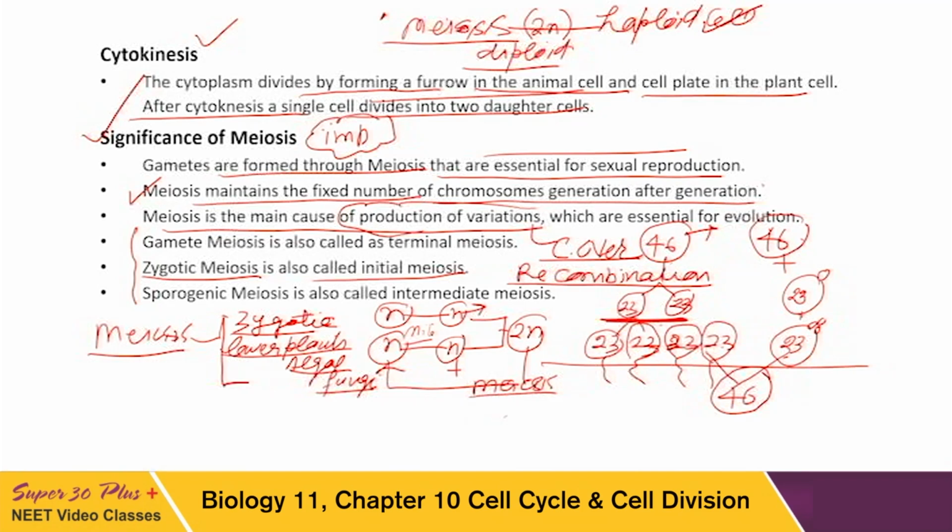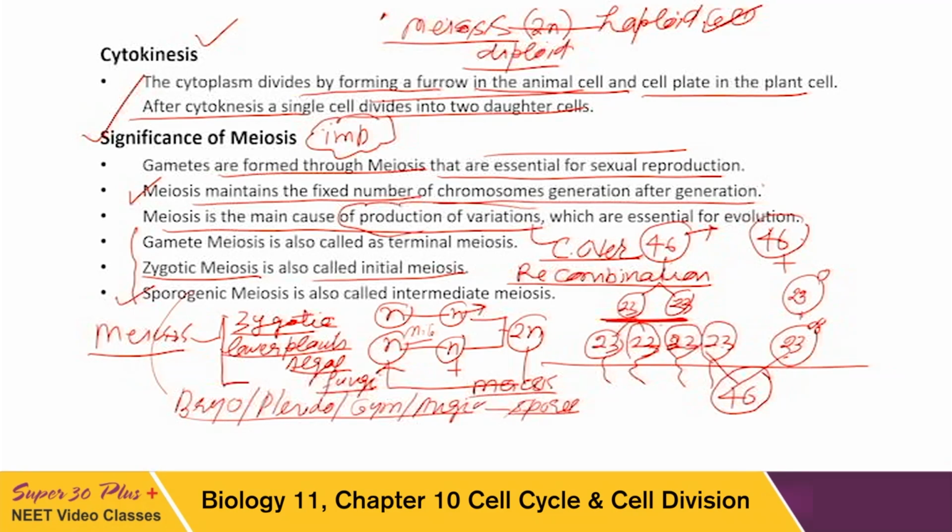Is it clear? Another type of meiosis is known as sporic meiosis. Sporic meiosis is found in the case of plants, that is bryophytes, pteridophytes, gymnosperms and angiosperms. As a result of this, they make spores.